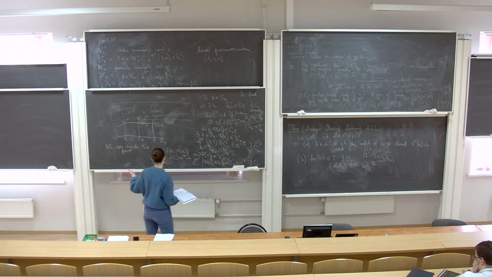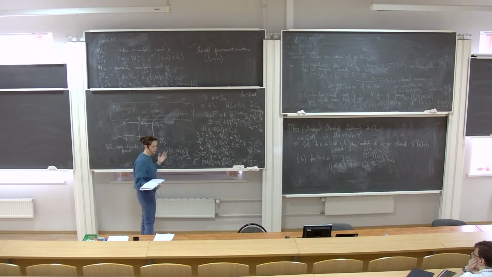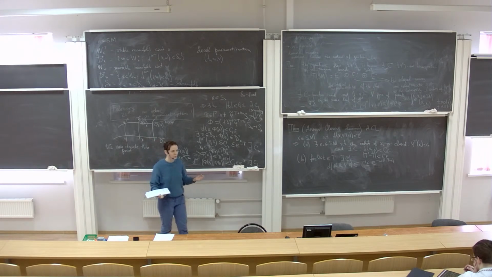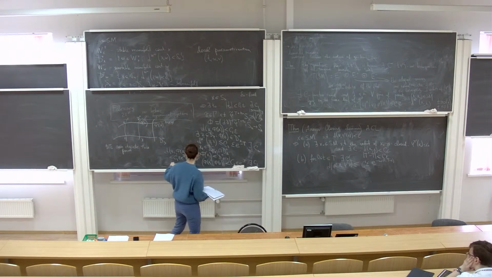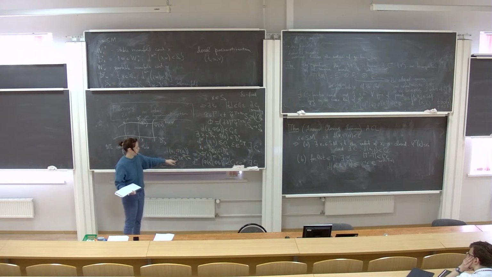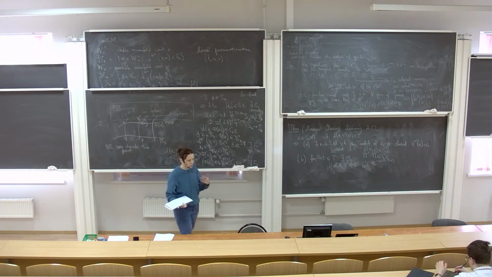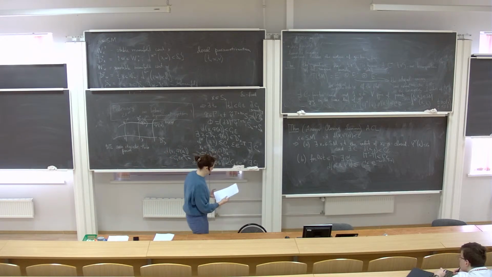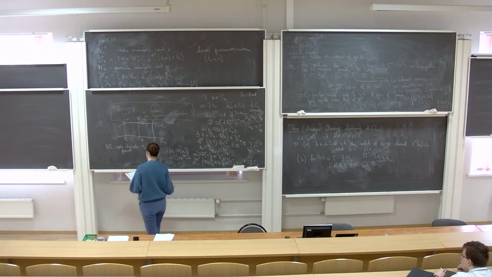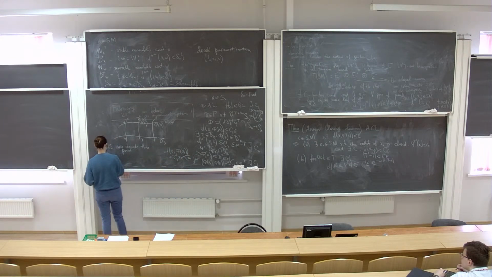So if you do it, at some point you will arrive to the point that did not move at all. This distance is estimated by some decreasing sequence that tends to 0. So at some point as a limit you are supposed to have 0. So that's how you get a fixed point.